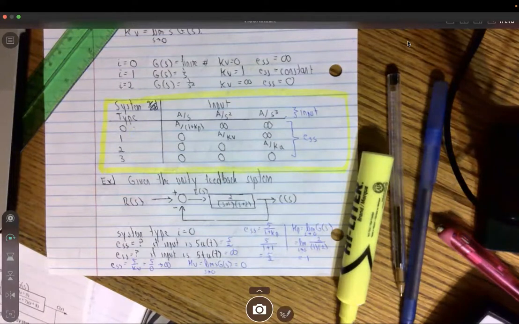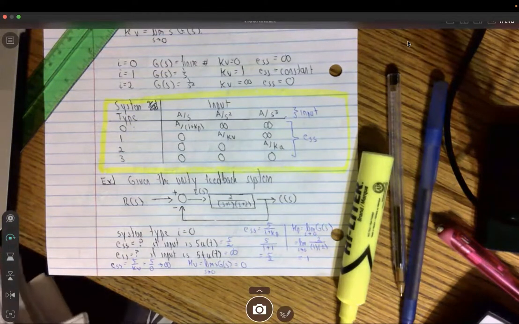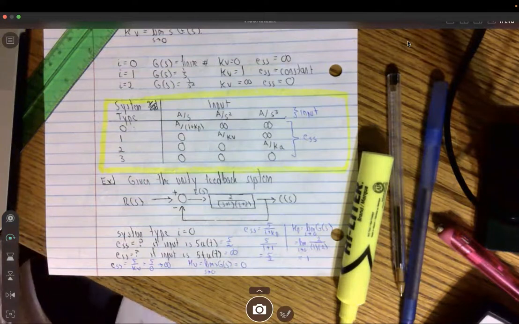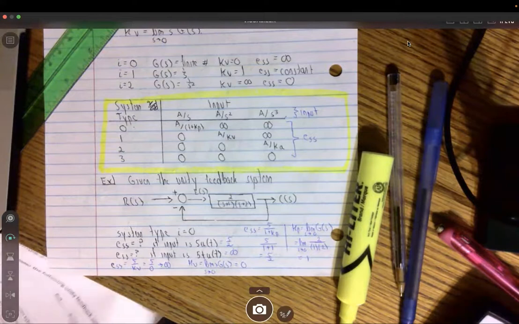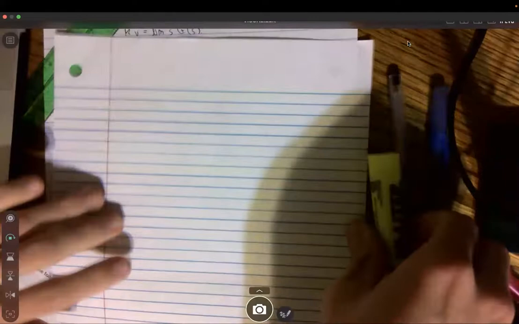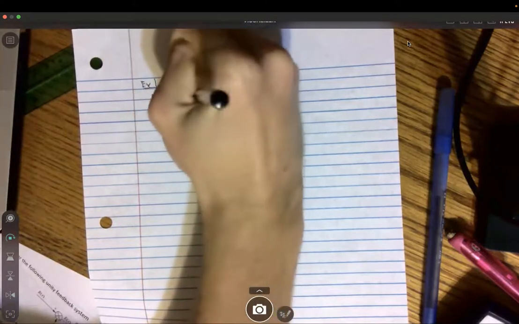Now we're going to go to the next example where we're going to look at the following unity feedback system. So let's examine this one. So we have our R of S, our input, and it goes towards the summing junction.